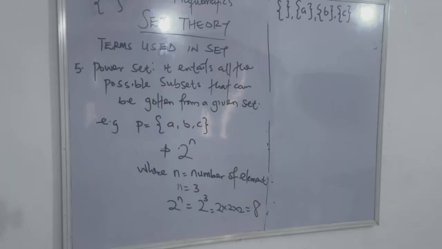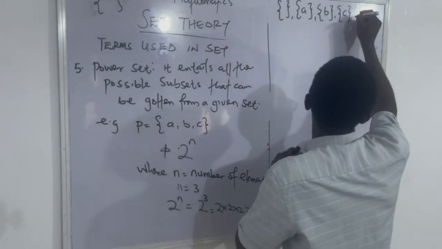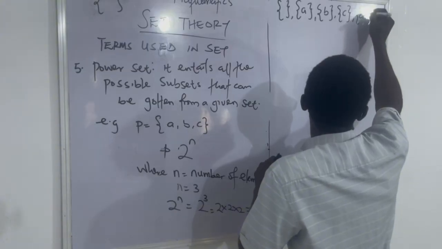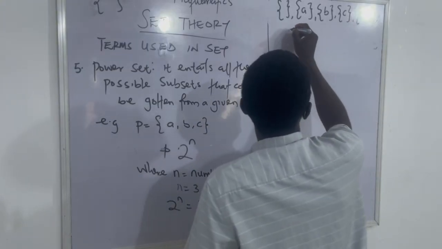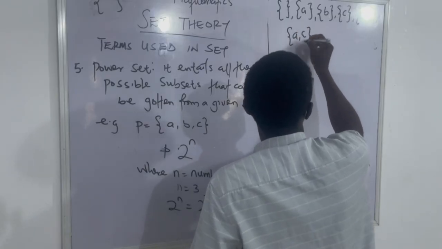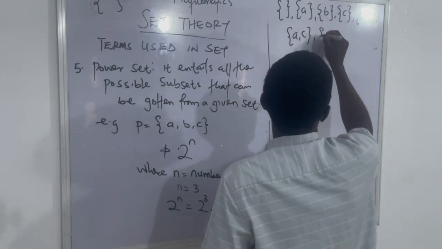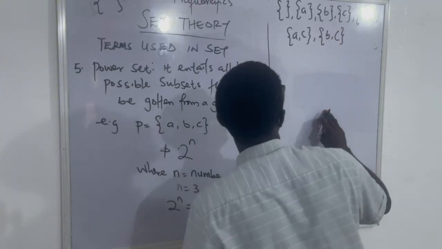So we can singly fill them like that. Then we can pair them again, A and B, A and C, B and C. Are we together?